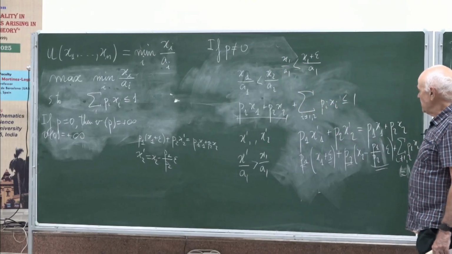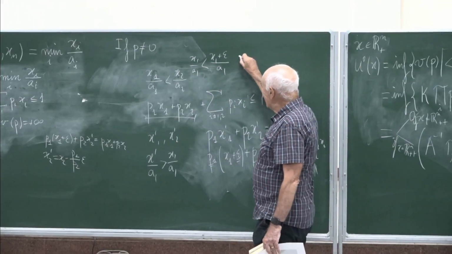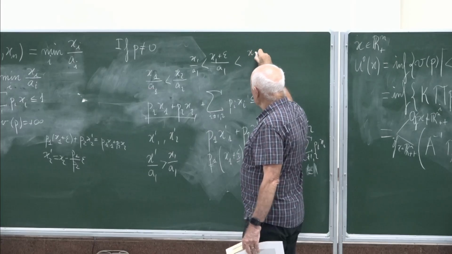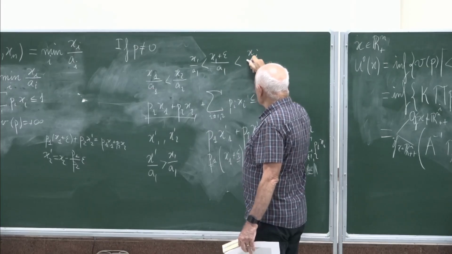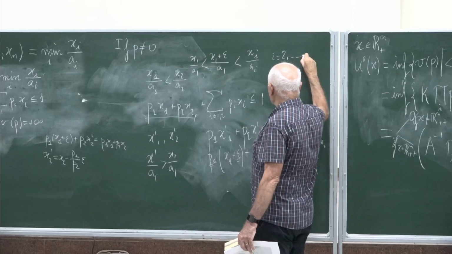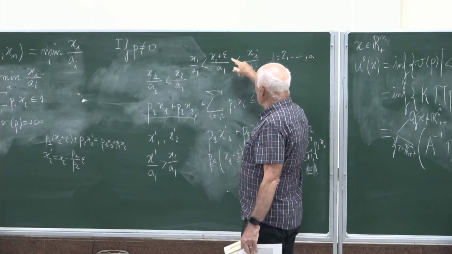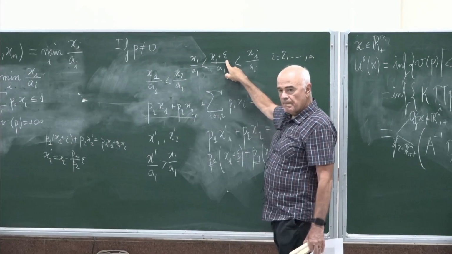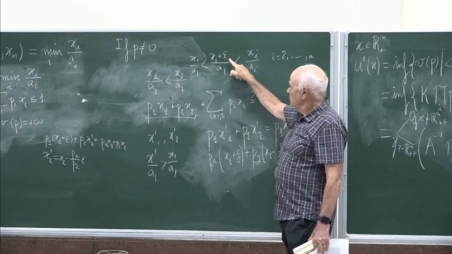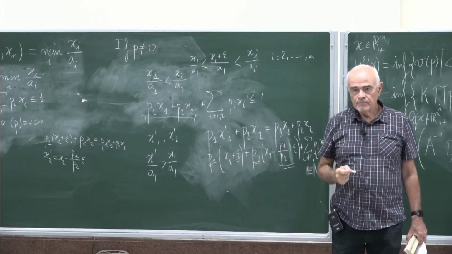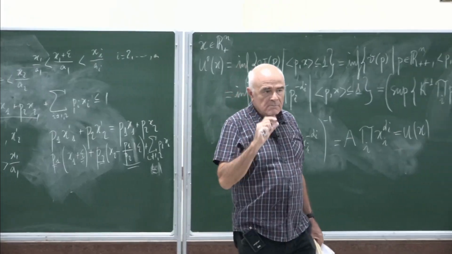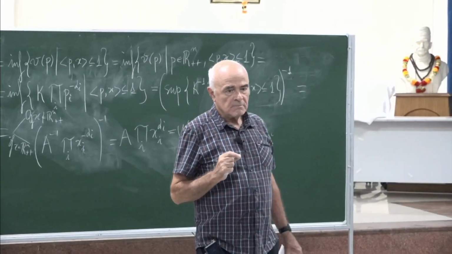I have added epsilon, but it will still be less than the remaining xi over ai if epsilon is small enough, because this inequality was true for epsilon equals 0. So we have a finite number of conditions here, then we can find such an epsilon.